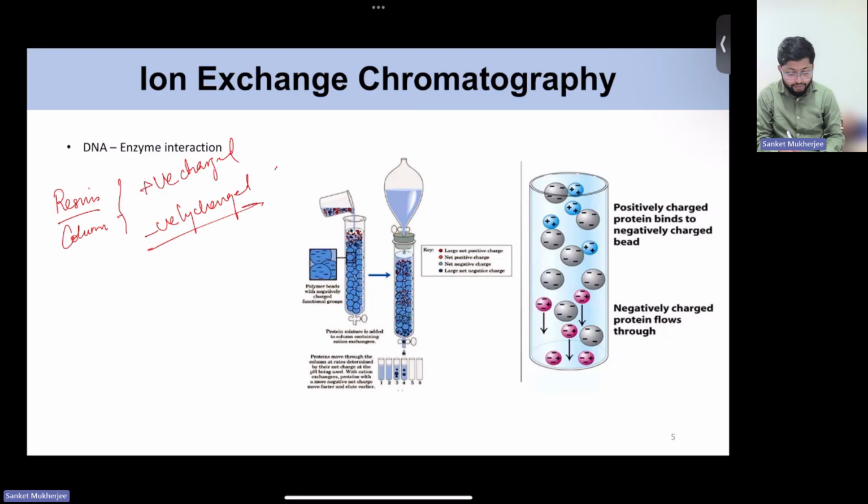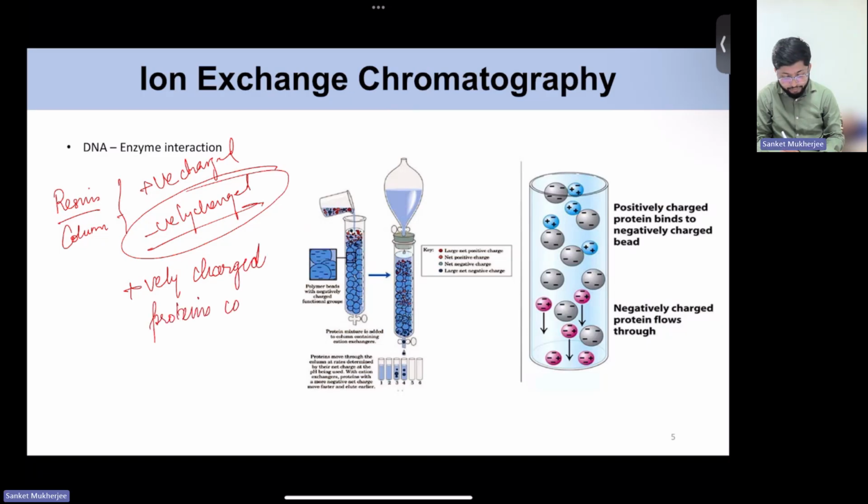Let's say if it is negatively charged, then only the positively charged proteins will bind. At different pH, we can change this charge configuration by adjusting the pH of the buffer.